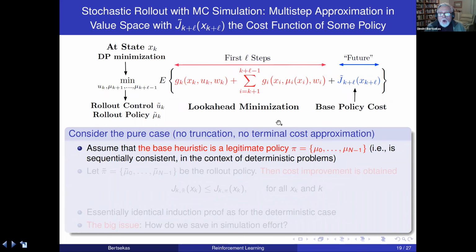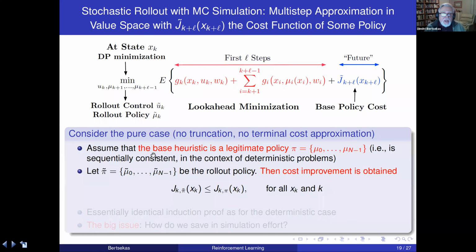Okay, so now back to the definition. There is a certain cost improvement result, which says that if the base policy is a legitimate policy, it's sequentially consistent, and that's the only kind that is worth considering in the case of stochastic problems.